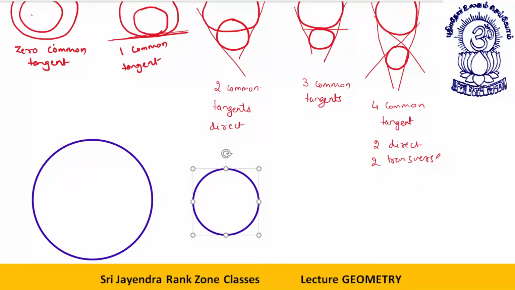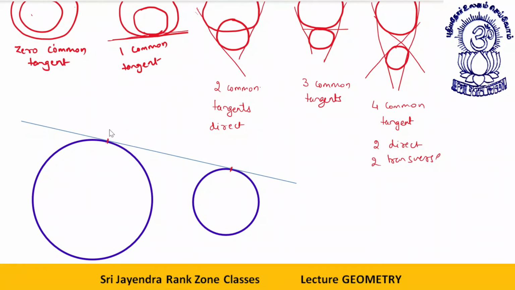How do we find the length of a direct common tangent? Let me draw a tangent that is direct to both. So this is a direct common tangent, and this is called the length of the direct common tangent.